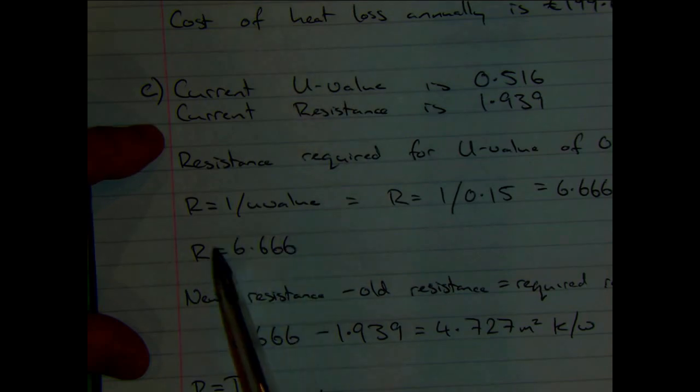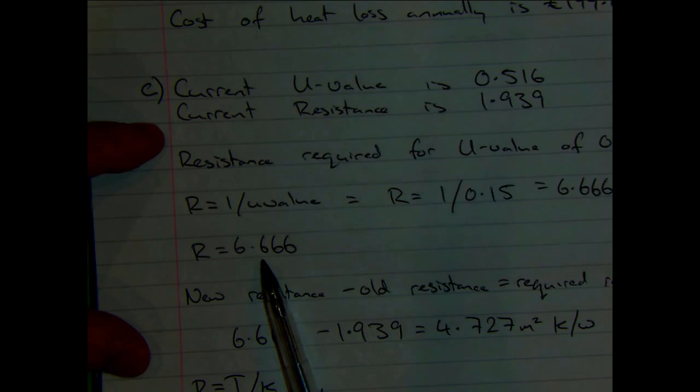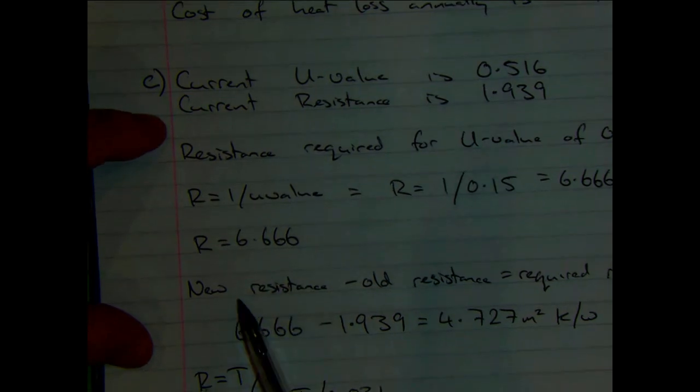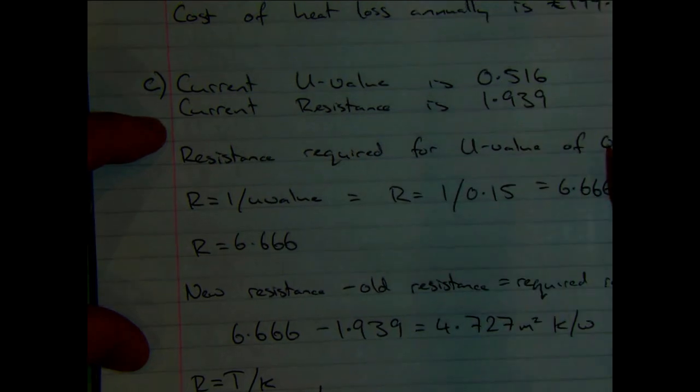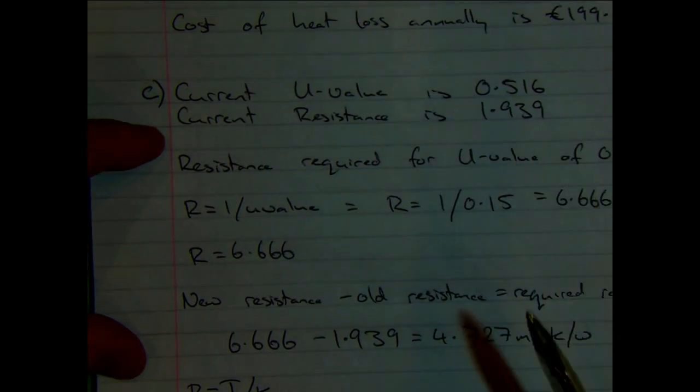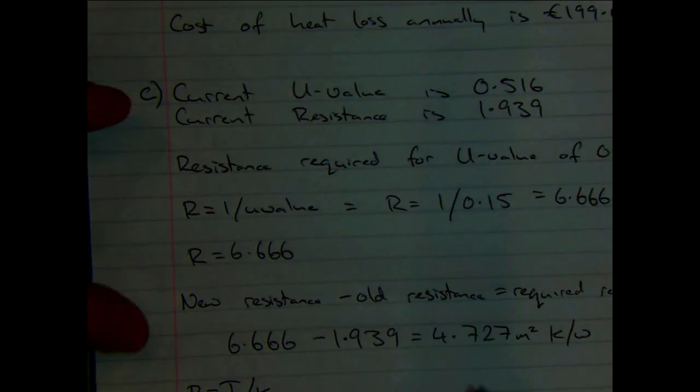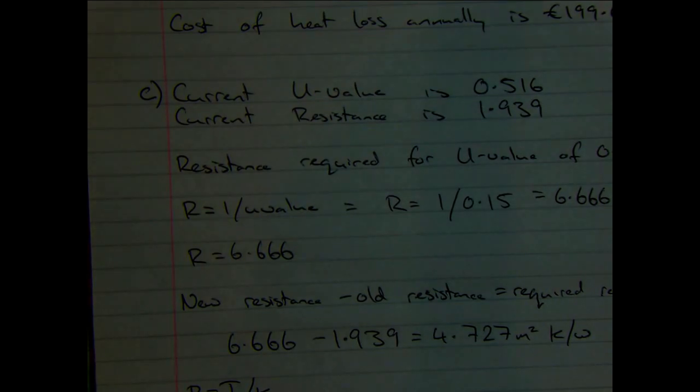This is the resistance that we need to achieve a U value of 0.15. If we take our new resistance, 6.666, and take away 1.939, our old resistance from part A, we get 4.727 meters squared K/W. That is the resistance that we need to get the required U value.